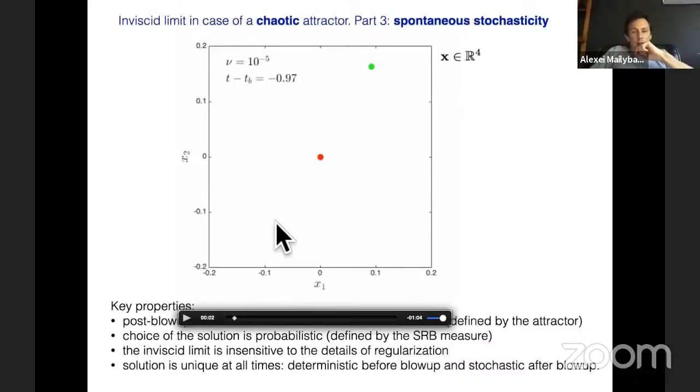Important: it's a 4-dimensional space. So it's just x1, x2, and there are 2 more dimensions which we don't show. So we will see the solutions hit the singularity, and in a 10⁻⁵ radius neighborhood, we have a random regularization, and then we will see which solution will be chosen.